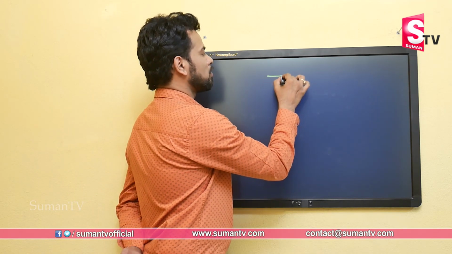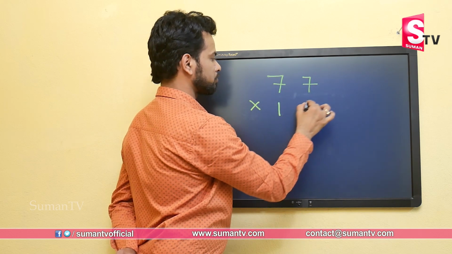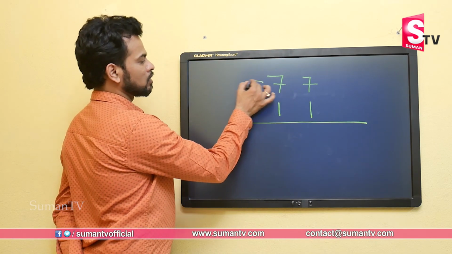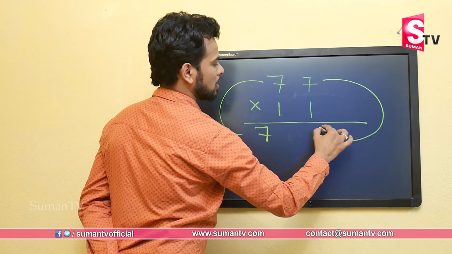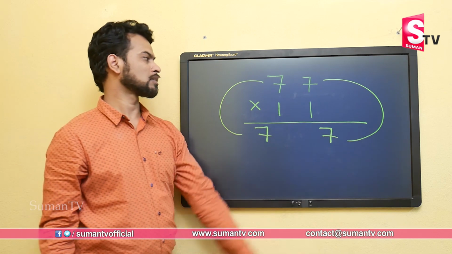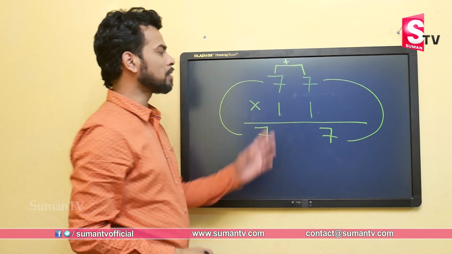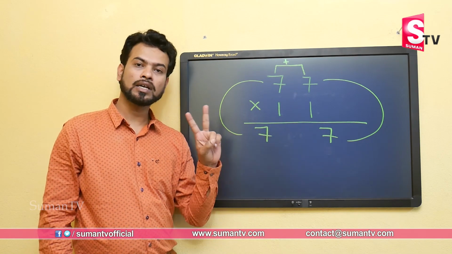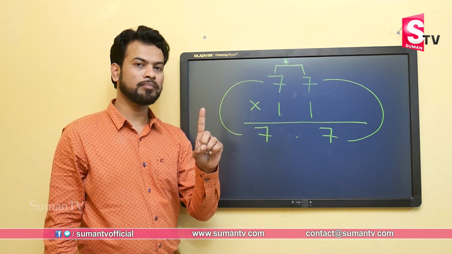Suppose we will multiply 77 with 11. We will do the same thing. 7 we will place here, and this 7 we will place here. So we get left hand side answer 7, right hand side answer 7. Now if we add these two numbers, 7 plus 7, that is 14. 14 is a double digit number, but in middle place we need only a single digit number.